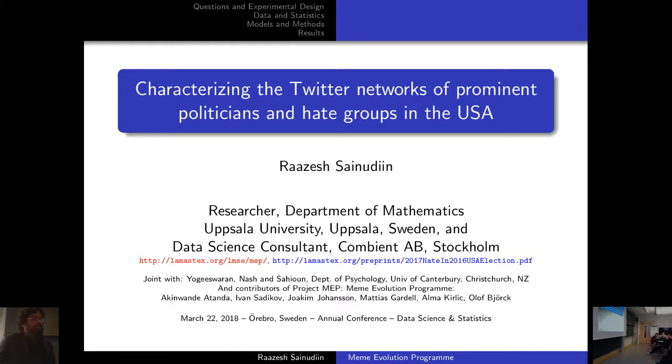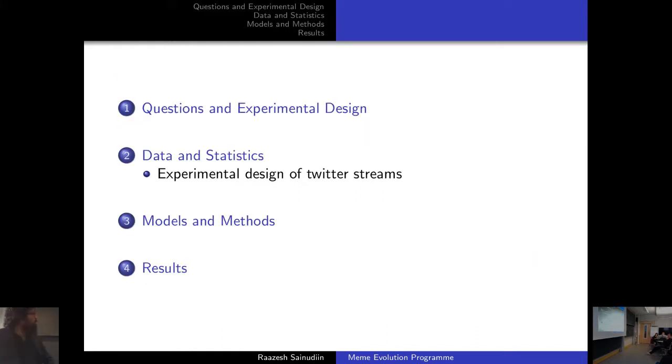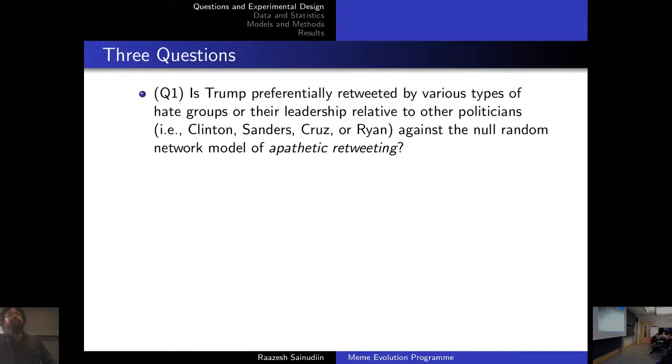So here are the four points: the questions, the statistical experimental design, what exactly the data and the statistics are, models and methods, and finally results. Question 1: is Trump preferentially retweeted? A retweet just means someone tweets and then I retweet them, so it's a public share of that tweet.